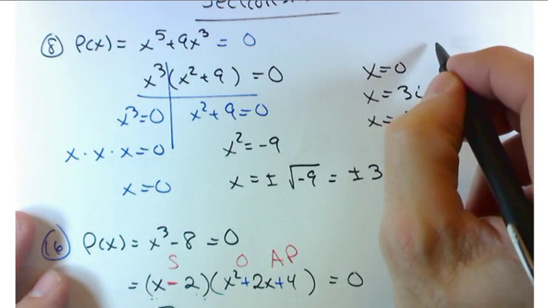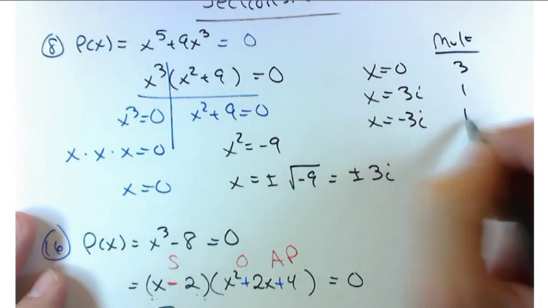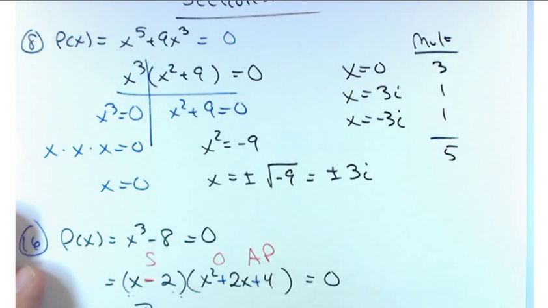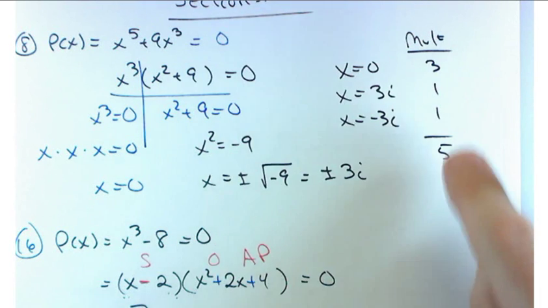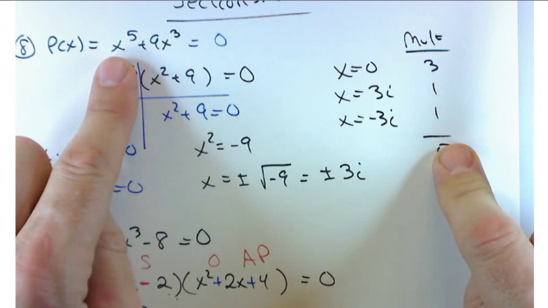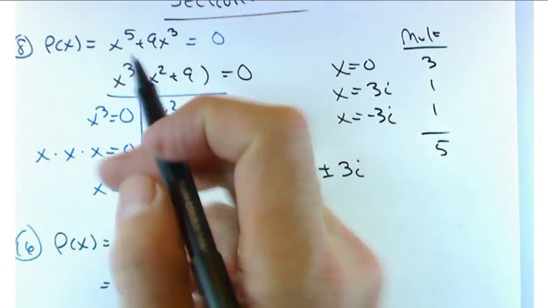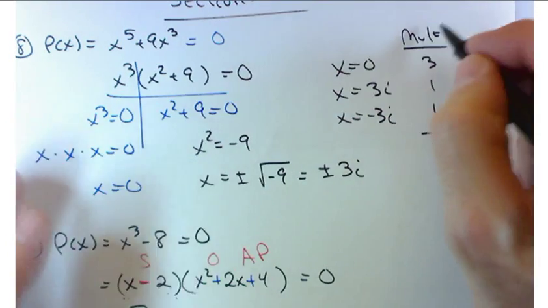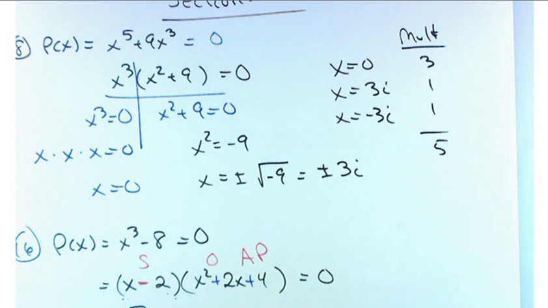But if you count the multiplicities, 3, 1, and 1, then you've accounted for all 5 roots. The number of roots should match the degree. You should have a nice correspondence. If it's a degree 5 polynomial, then you're going to find exactly 5 roots, as long as you count the multiplicities.